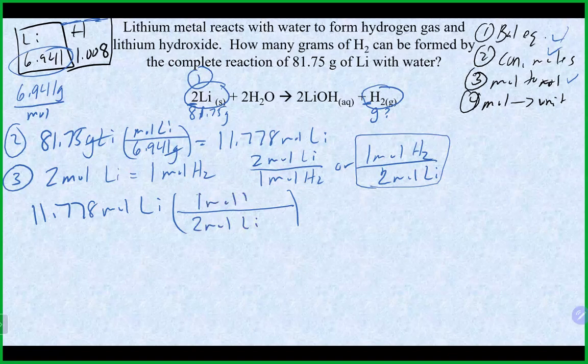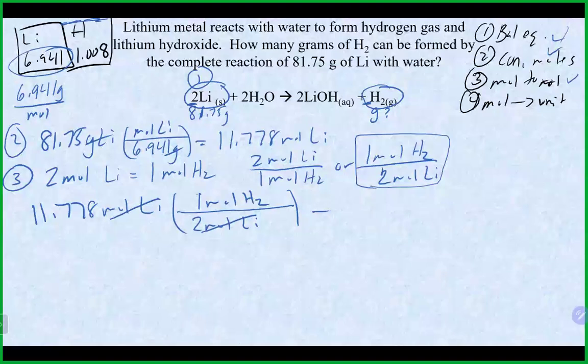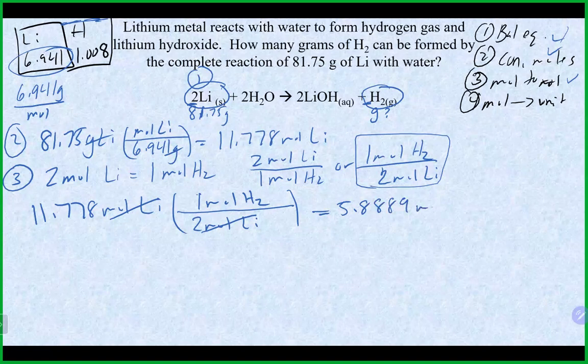And 1 mole of H2. That's the stoichiometry part that's going to move us from lithium to hydrogen using the equation as a conversion factor. And that's going to get us, we'll call it 5.8889 moles of hydrogen.